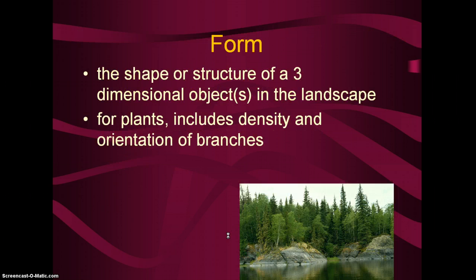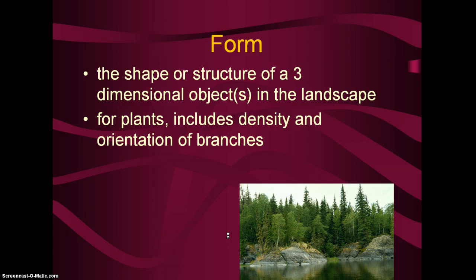It's the shape of an object or maybe many objects in the landscape. In this picture that you can see at the bottom, there are many trees because it's a forest, and that actually is a form in itself because it goes up and down, and you can see the branching and all that. So it all contributes to the form of the landscape in this case.